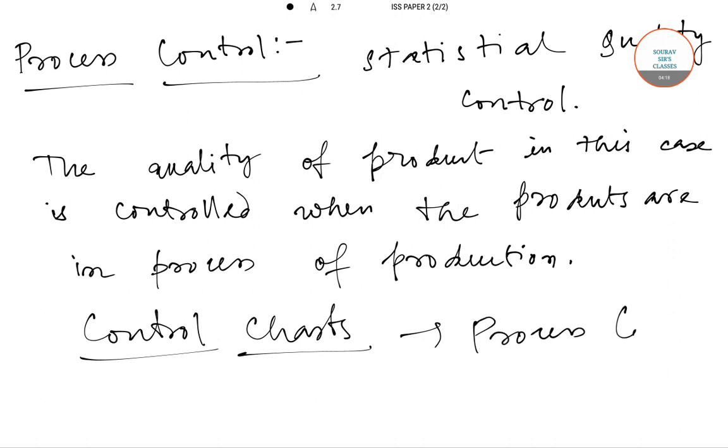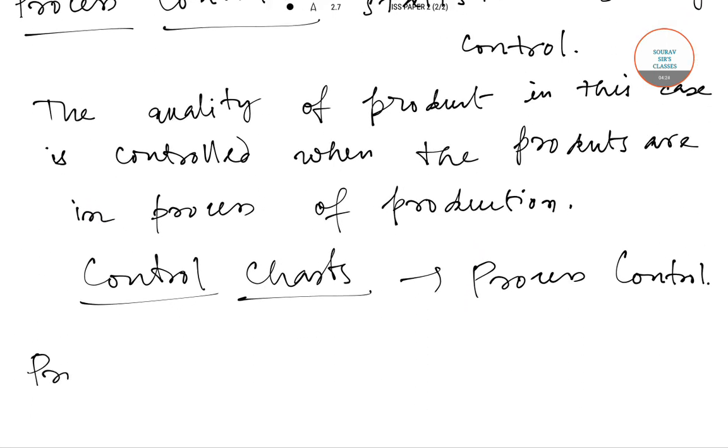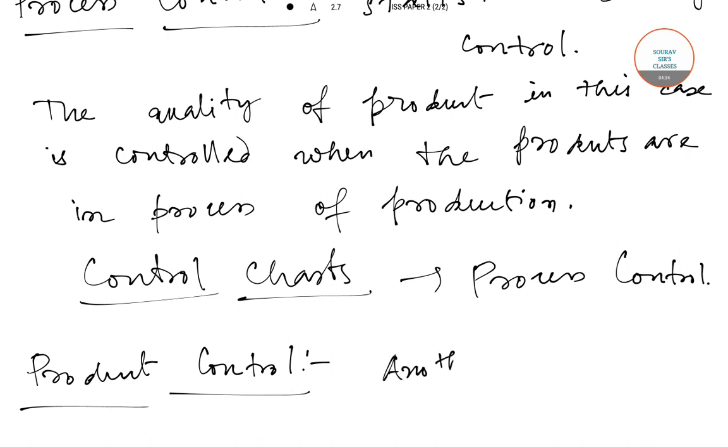Now I will talk about product control. It is actually another method of statistical quality control. Now we'll again focus on what its purpose is and how it helps us.